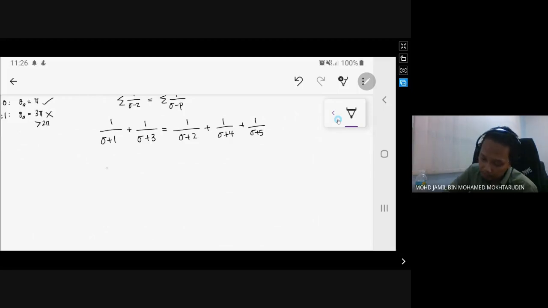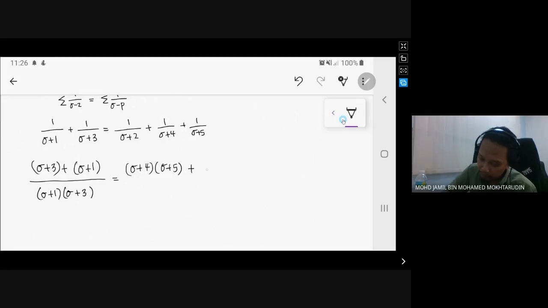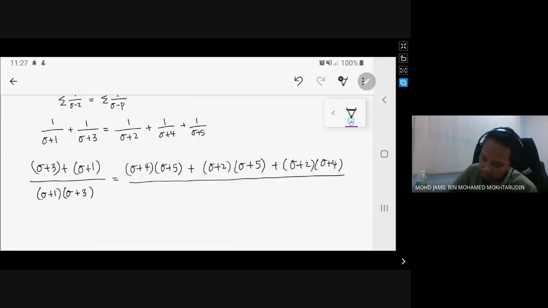Simplify fraction, you get sigma plus 3 plus sigma plus 1 over sigma plus 1 times sigma plus 3 equals sigma plus 4, sigma plus 5, plus sigma plus 2, sigma plus 5, plus sigma plus 2, sigma plus 4, divided by sigma plus 2, sigma plus 4 times sigma plus 5.